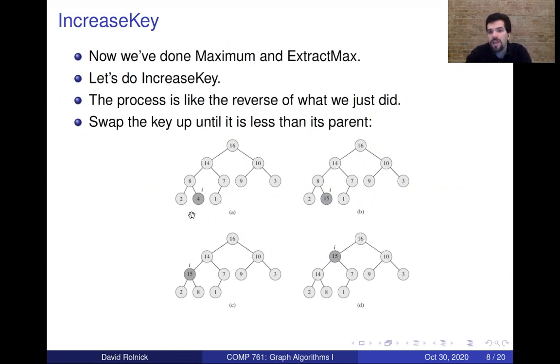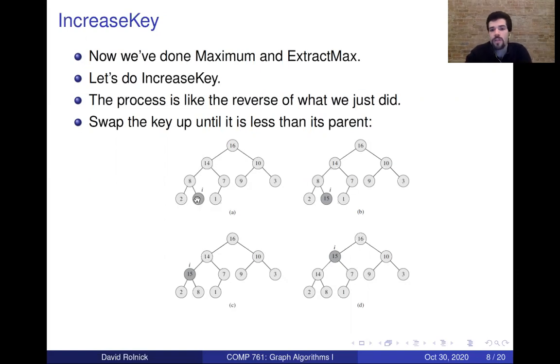If we increase a key, we know it's never going to be a problem for the things below it because it's already greater. If we increased 14 to 20, it would still be bigger than 8 and 7. We'd just have to make sure that it wasn't bigger than its parent, which in this case is 16. So making 14 20, we'd have to correct an issue with its parent.